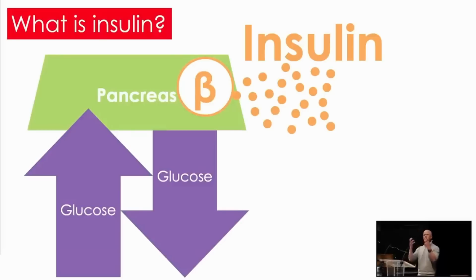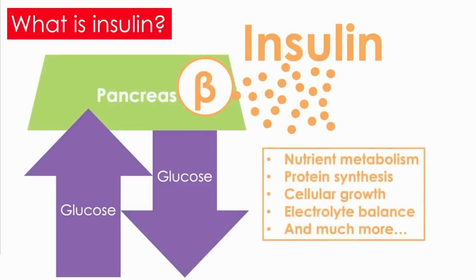People can't separate insulin from glucose, whereas glucose is, yes, a stimulus and an effect. Insulin does many, many more things. The effect on glucose is simply reflective of insulin's actions in nutrient metabolism. It doesn't matter what the nutrient is, insulin has a powerful effect on what the body is doing with it.